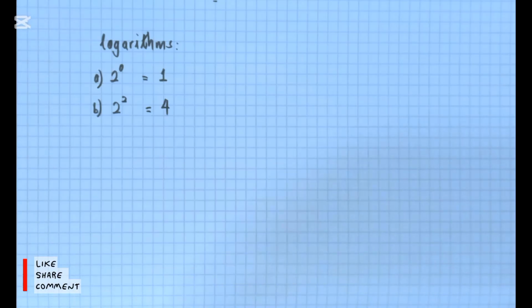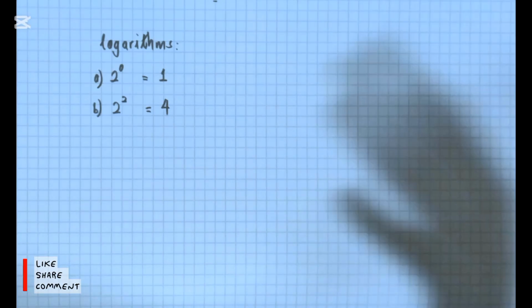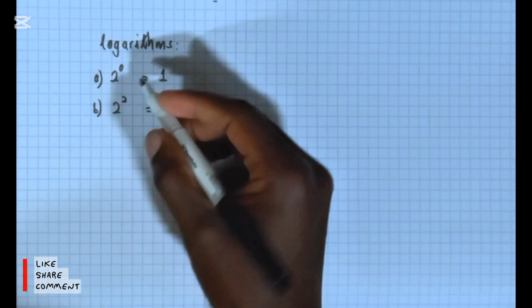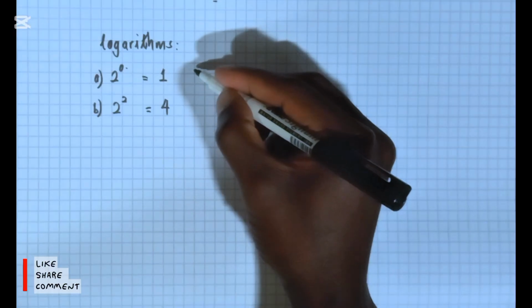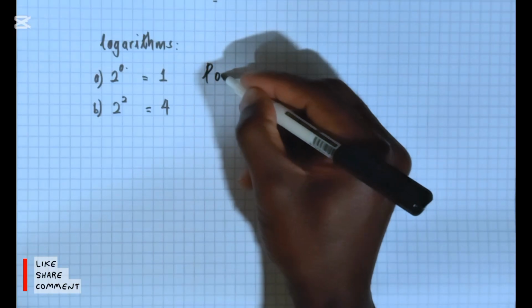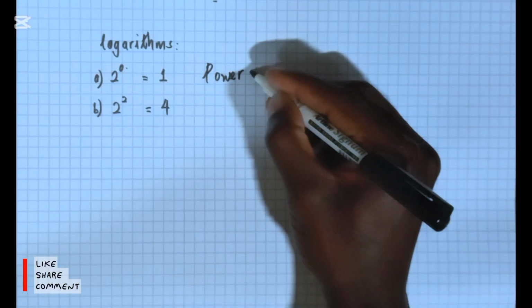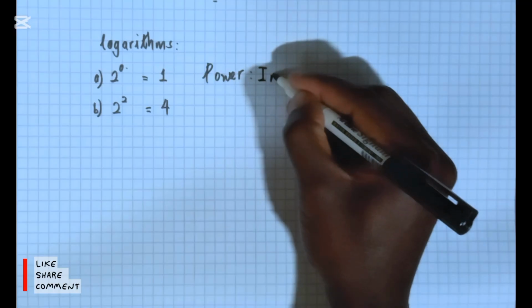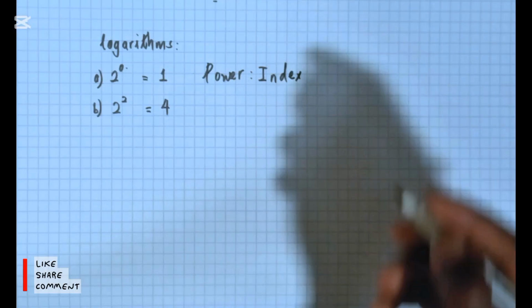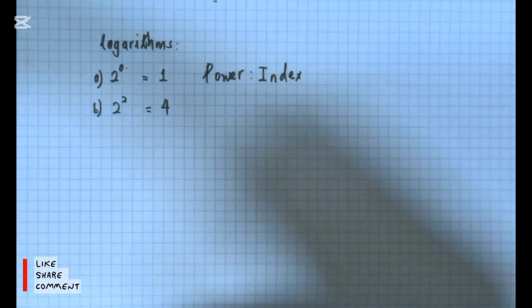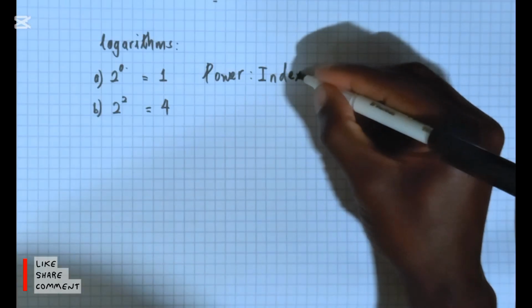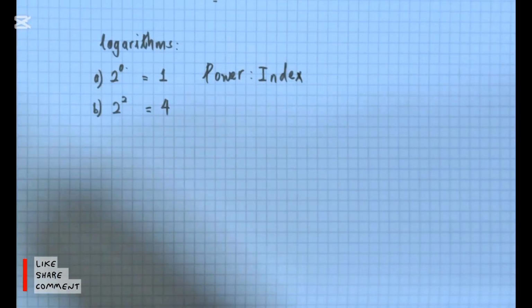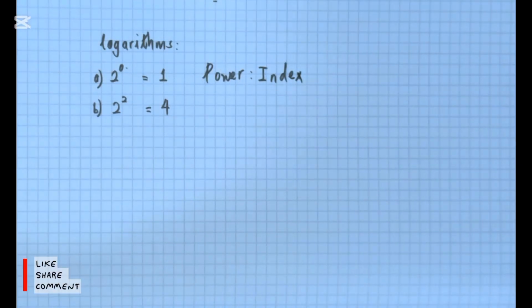All right. So by now I know and you understand that 0 and 2 here, which are commonly known as powers, are what we call indices. And of course, indices is just plural for the word index. So you know them as power, and now we introduced a new term and we call them index or indices for plural.